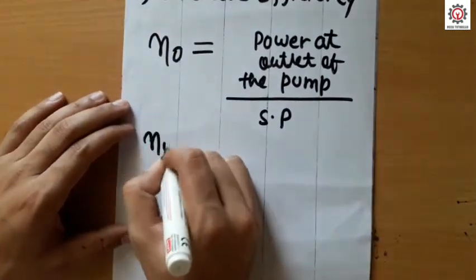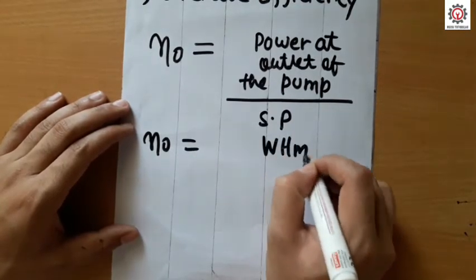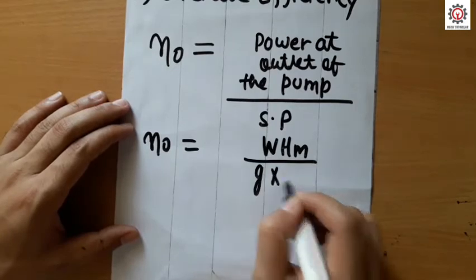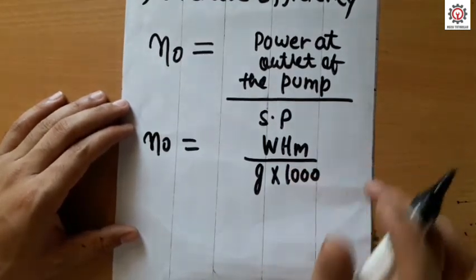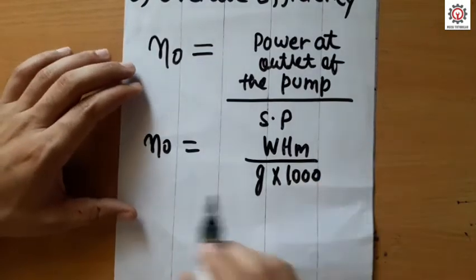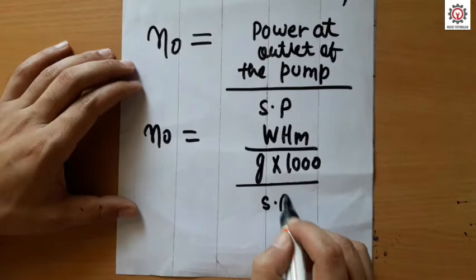The power at outlet is nothing but W Hm divided by g into 1000, where Hm is equal to Vw2 into U2 divided by g, divided by the shaft power.